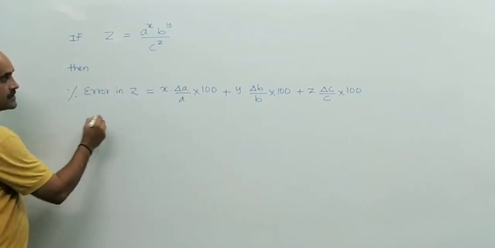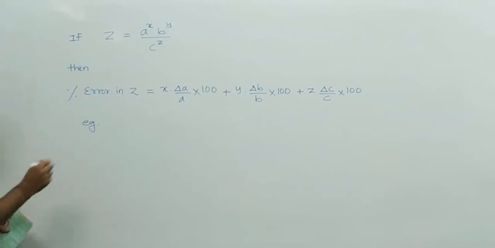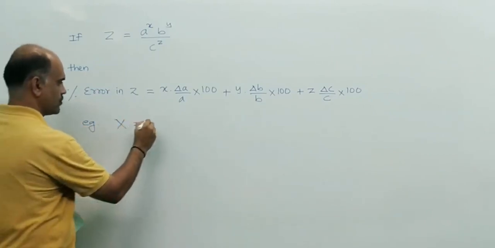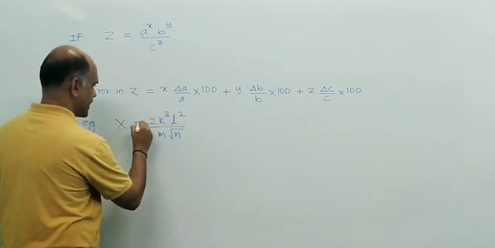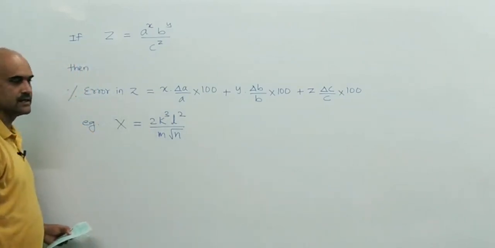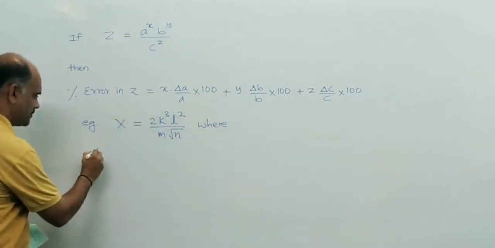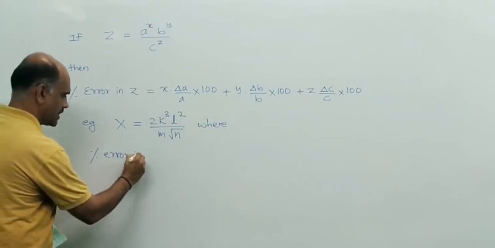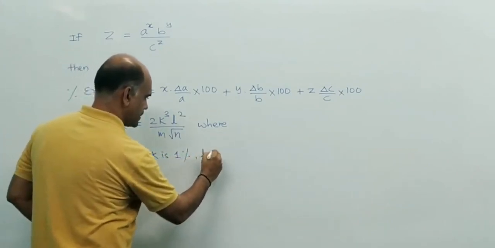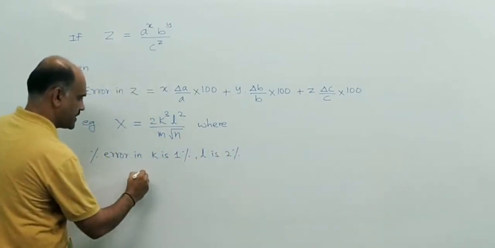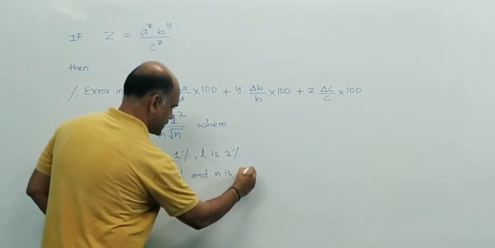Now if I take an example. There is a quantity X is equal to 2k cube L square divided by M into root N, where the percentage error in K is 1%, in L is 2%, in M is 3%, and in N is 4%.